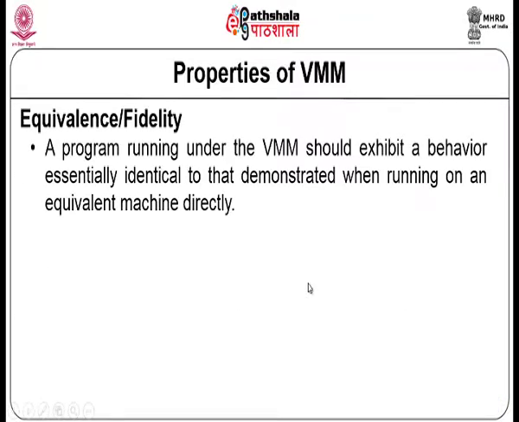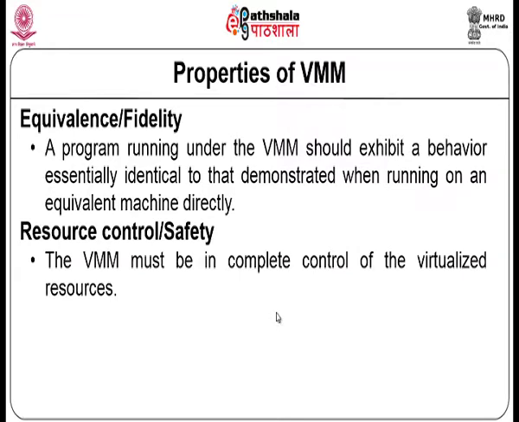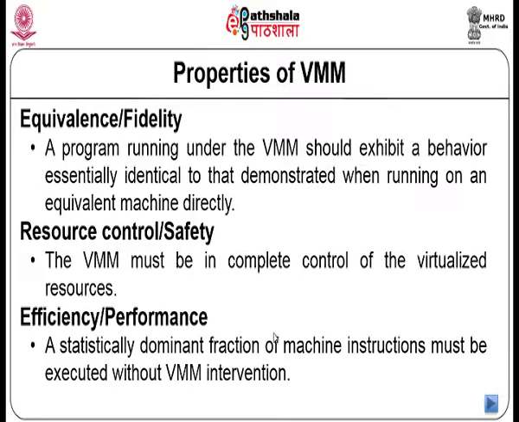The equivalence property says that any program running on a VMM should exhibit behavior identical to the one it would have if it were running directly on the machine, at least near native. This is what we call near-native behavior. Resource control or safety means that the VMM must be in complete control of the virtualized environment, otherwise we cannot call it a virtualization mechanism.